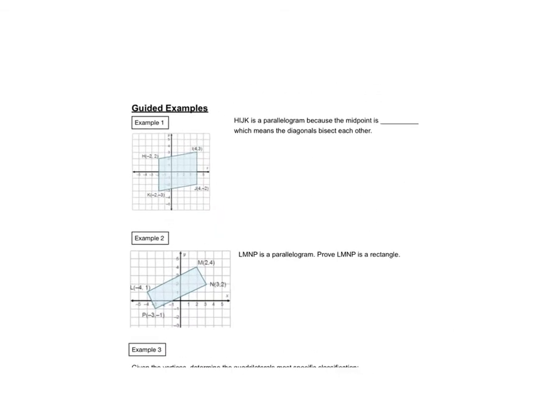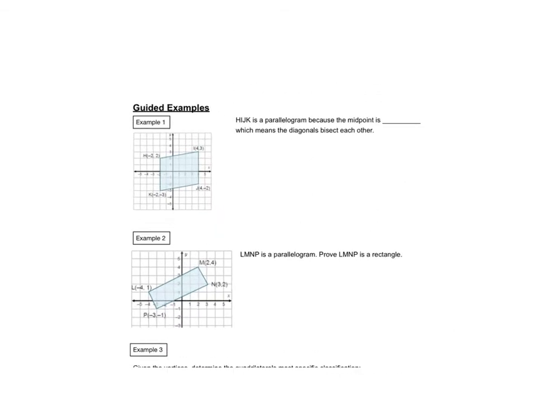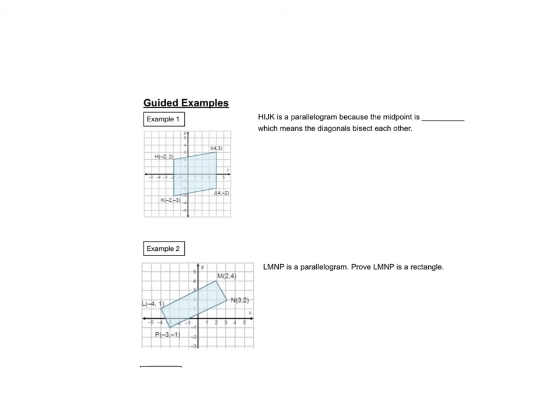So looking at two examples here, or three examples, let's see here. It's asking HIJK is a parallelogram because the midpoint is blank, which means that the diagonals bisect each other.